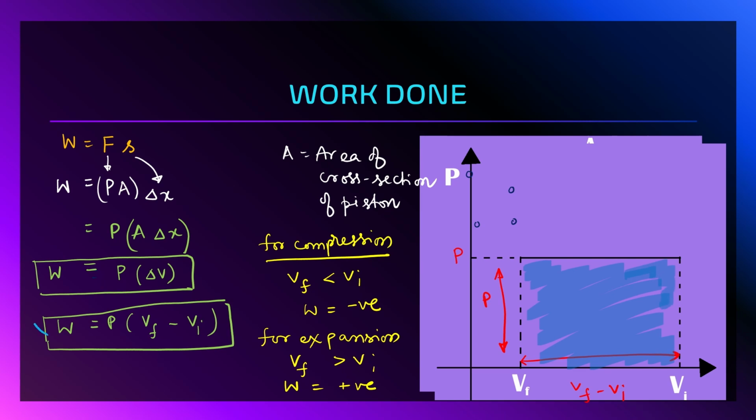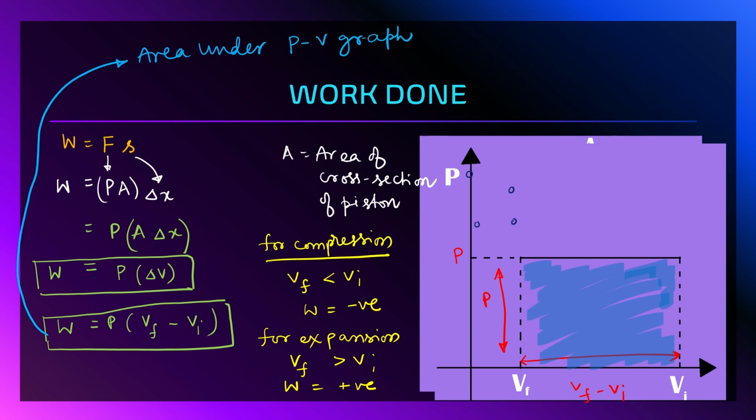This W is nothing but the area under the PV graph. So the area under the PV graph is going to give us the work done. Remember, if it is compression, negative. If it is expansion, positive.